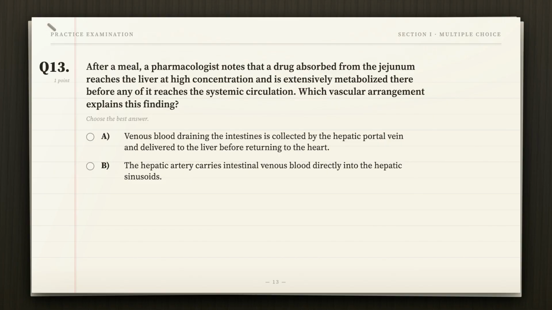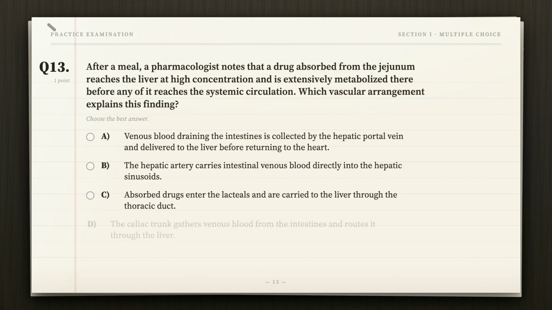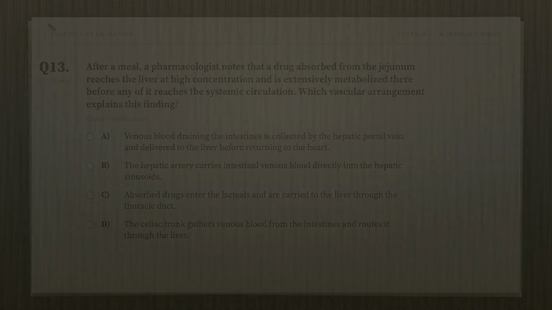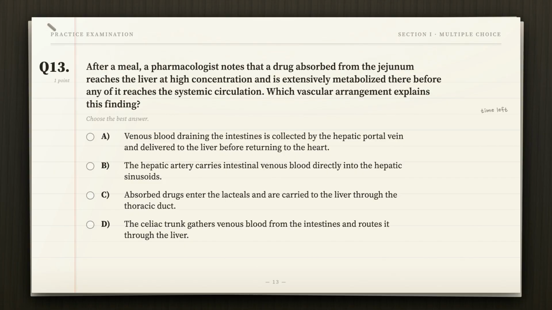B. The hepatic artery carries intestinal venous blood directly into the hepatic sinusoids. C. Absorbed drugs enter the lacteals and are carried to the liver through the thoracic duct. D. The celiac trunk gathers venous blood from the intestines and routes it through the liver. Pick one. Trust your gut. Here's your chance to test yourself.